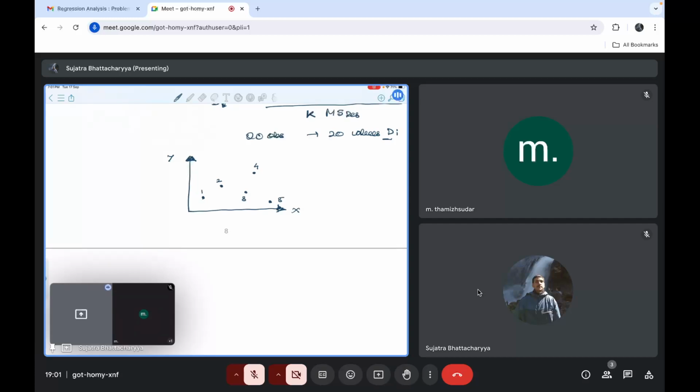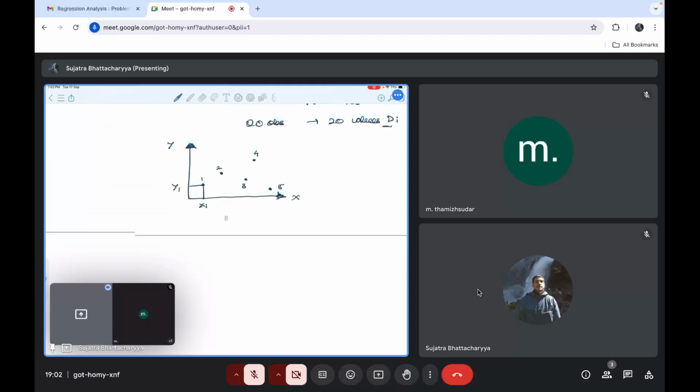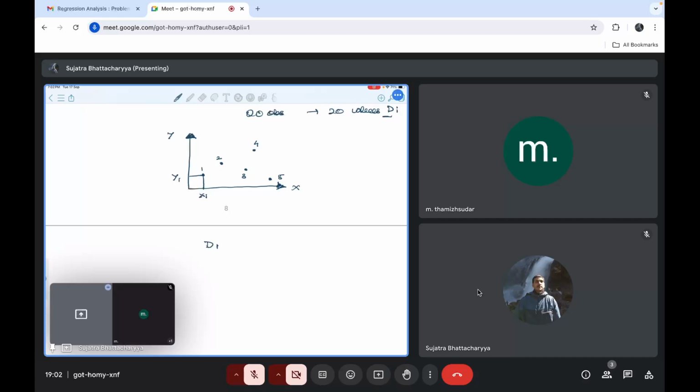So for this, this is your x1, this is your y1. The first step is that suppose you are calculating d1. D1 means you draw the same graph, with the second point, the third point, the fourth point, and the fifth point. This is x, this is y, and this is your x1, but you don't have the first point right now. Based on the remaining points, you draw a regression line, which will come out something like this.